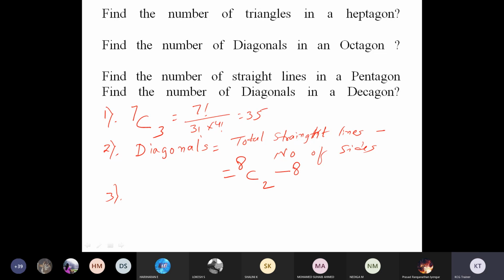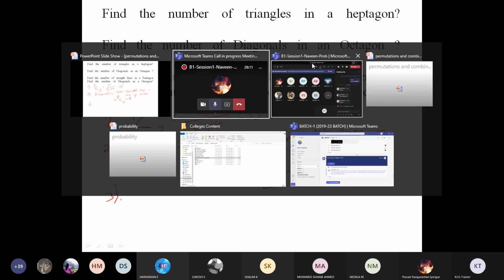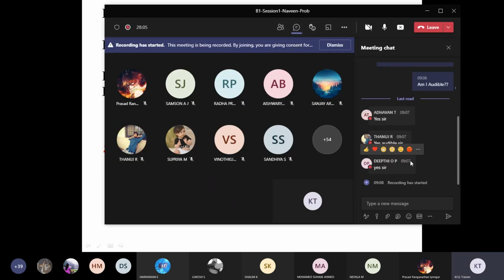Anyone please respond, guys. Number of straight lines in a pentagon.